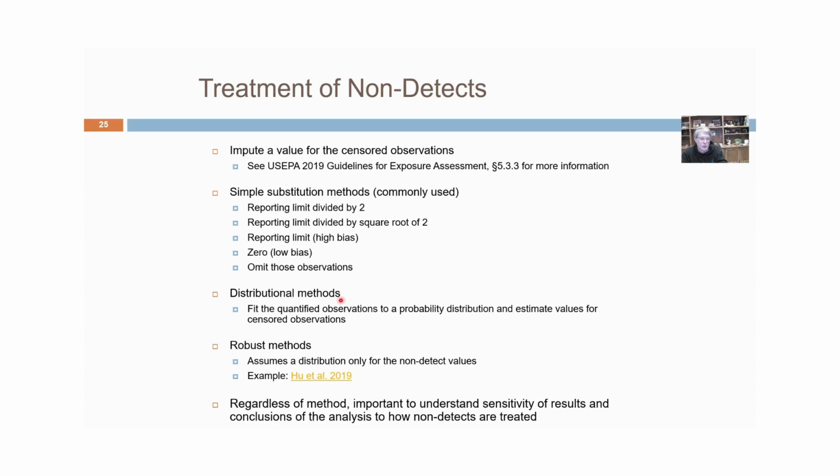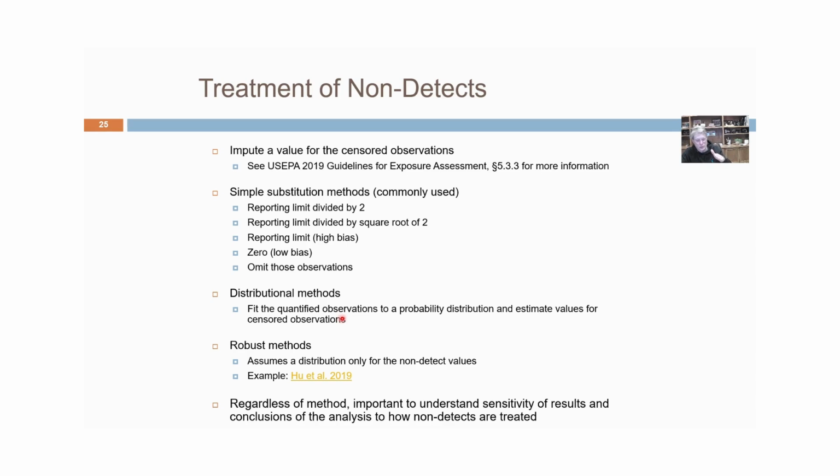Another approach is a distributional method, where you fit a distribution to the quantified observations, and then you assume that the lower or censored part of that distribution applies to these measurements.